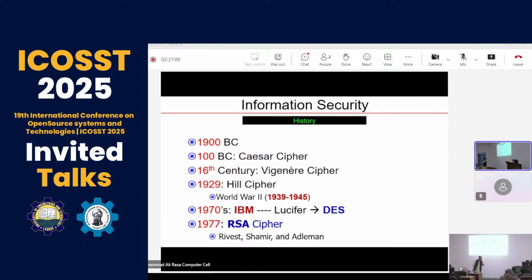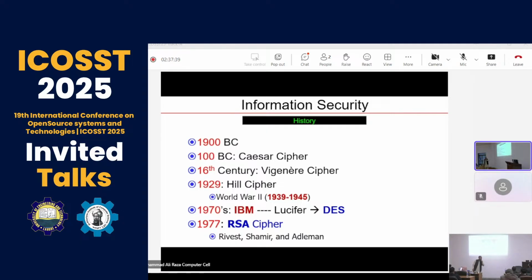Similarly, there is the very popular Caesar cipher, a very simple cipher, used around 100 before Christ. A modification of the Caesar cipher is the Vigenere cipher, used in the 16th century. Another cipher is the Hill cipher, used in World War II, which uses simple matrix multiplication.